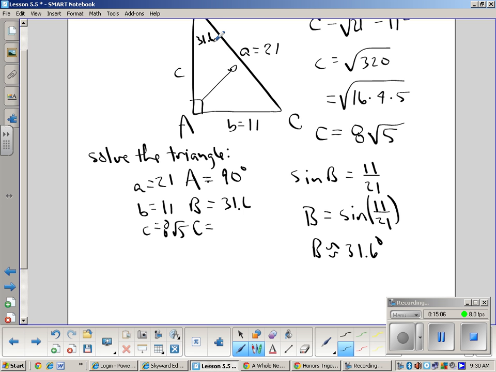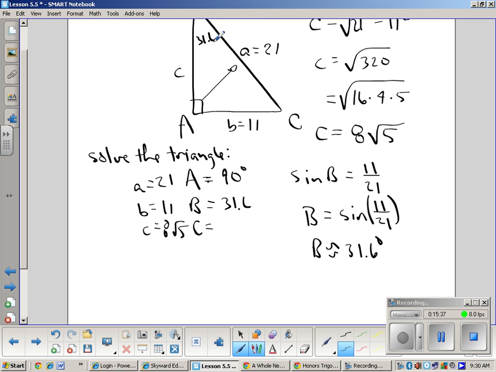Now how can I find C? You can make C complementary to B. There you go. C and B have to be complementary. And so we're already rounding, right? And so for our answer to make sense here, we probably should have those two numbers add up to 90.